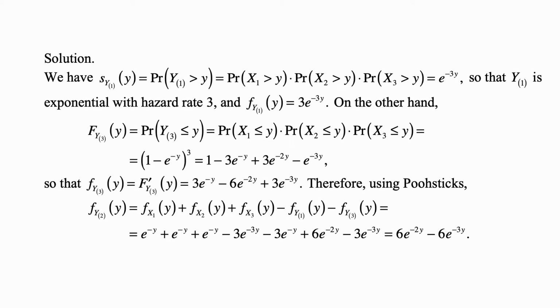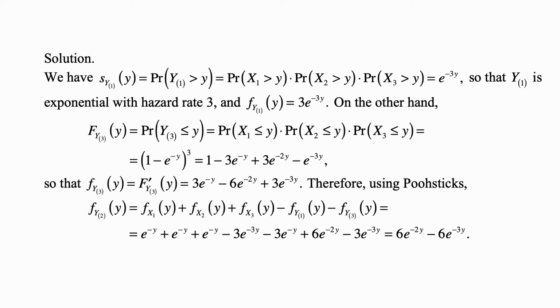On the other hand, F sub Y3 of y, the cumulative distribution function, is the probability that Y3 is less than or equal to y, and that means that the maximum of the three is less than or equal to y, and that means that every single one of them has to be less than or equal to y.